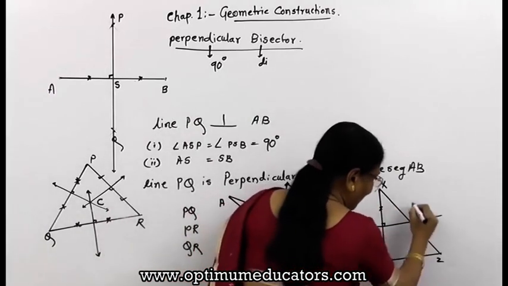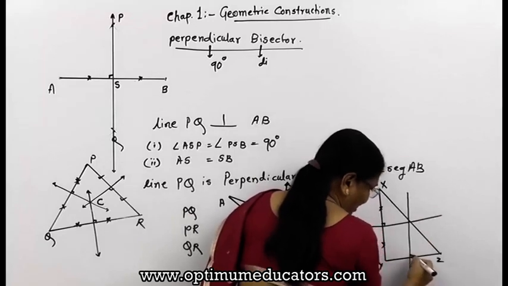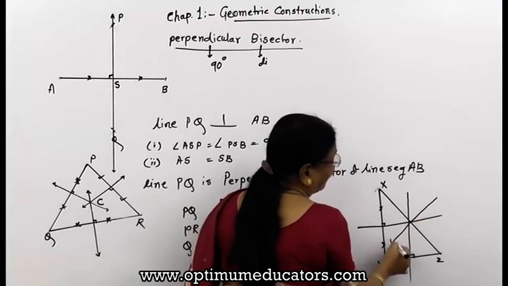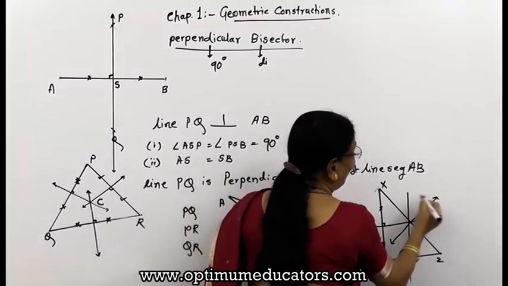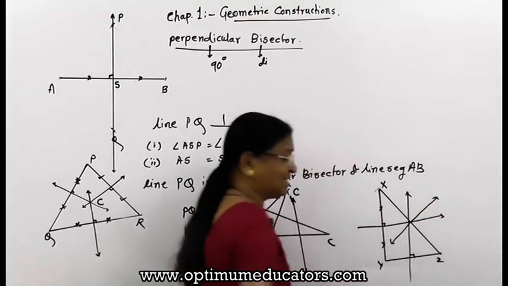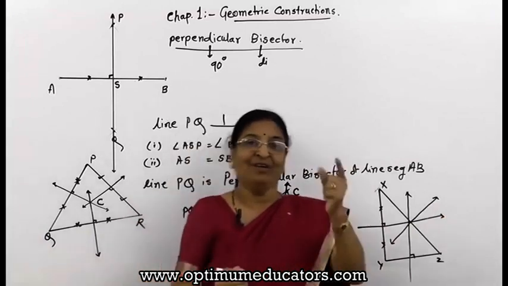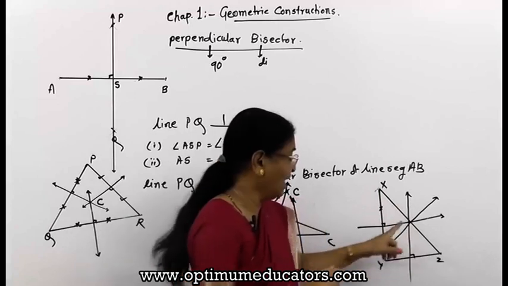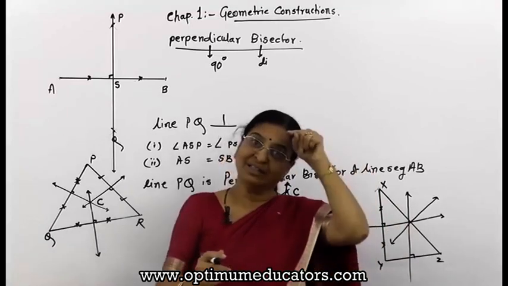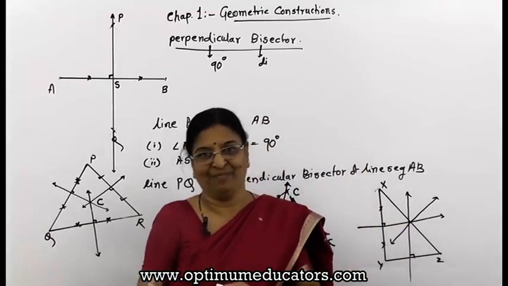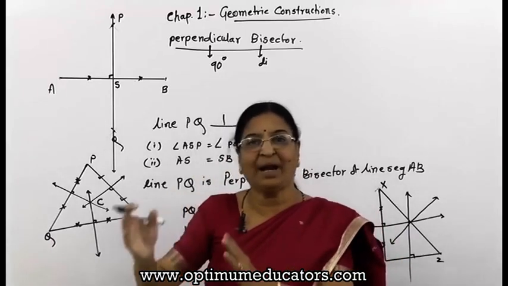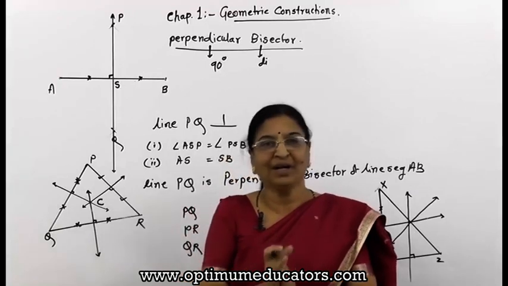The perpendicular bisector will be here for YZ. And the perpendicular bisector will be here. And for that, you can see point C, that is the point of concurrence for this triangle, is on the triangle itself. So see, in each case there are different places for the point of concurrence.